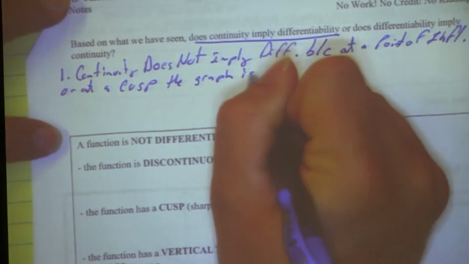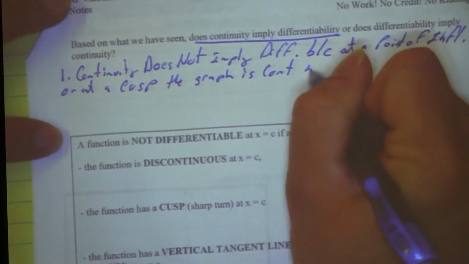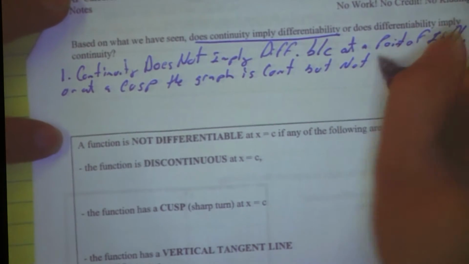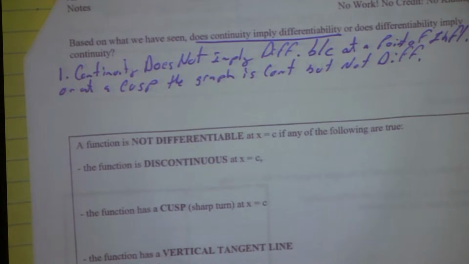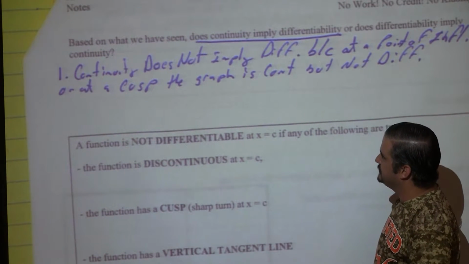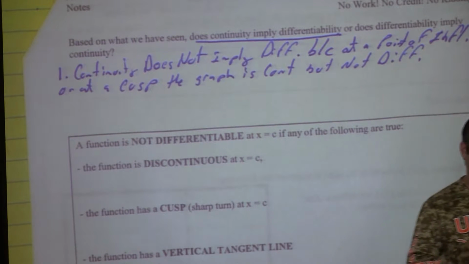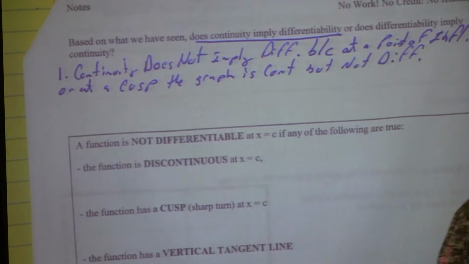The graph is continuous but not differentiable. So those are counterexamples to the idea that if something is continuous, it's automatically differentiable. It's not always true. Okay, you gotta be careful.